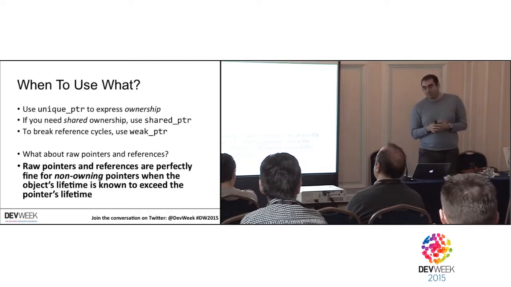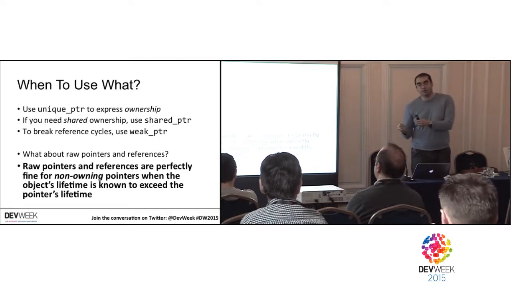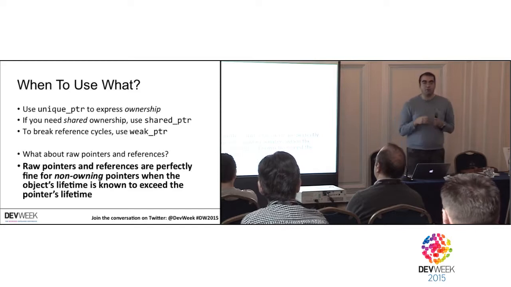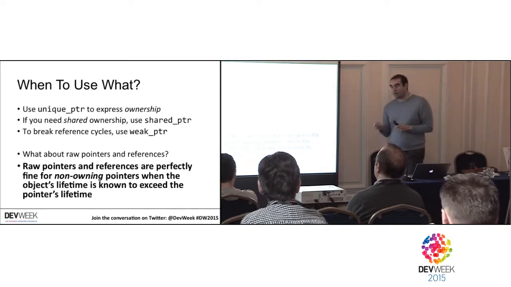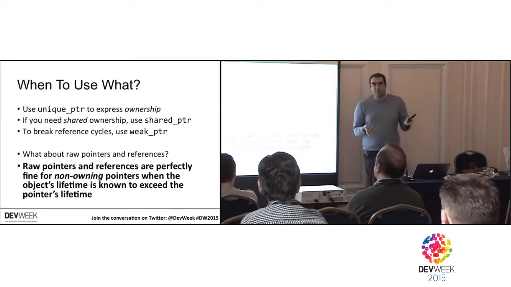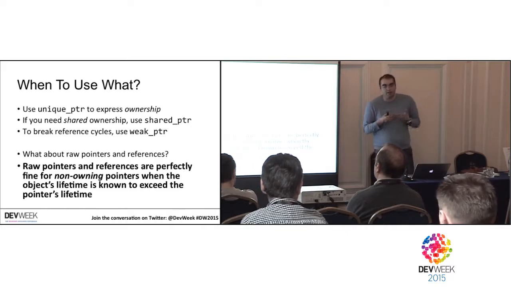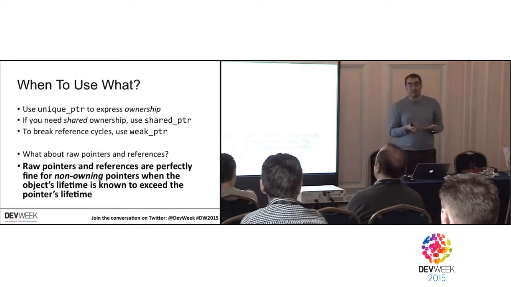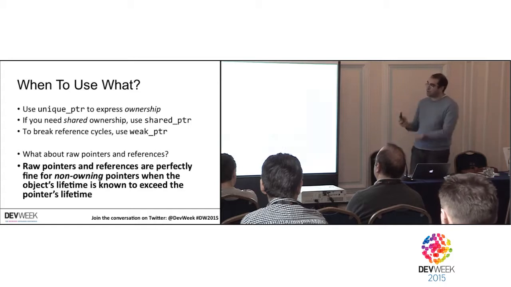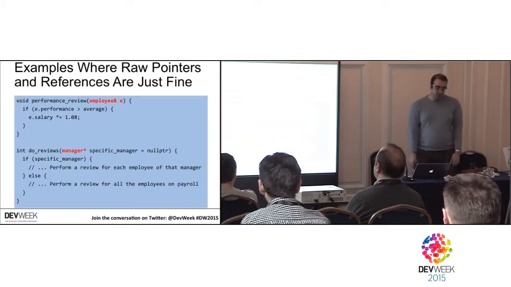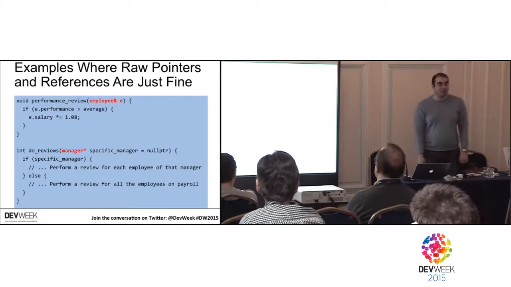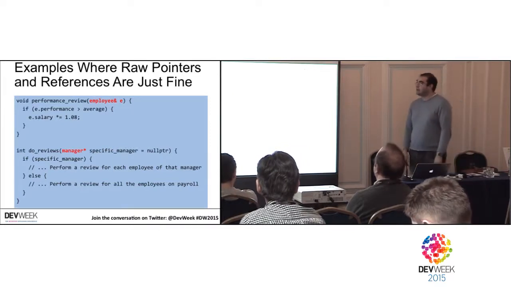So for example, you could have a unique pointer somewhere in your program which is responsible for deleting memory, but you could also have a bunch of other functions in your program accessing that same object which are not responsible for that object's lifetime. And so they're not supposed to delete it, and they're not supposed to own it, and they don't need a smart pointer.